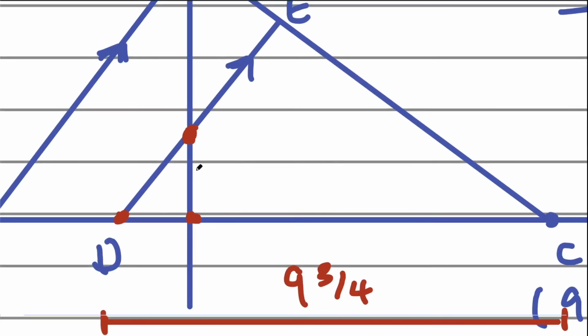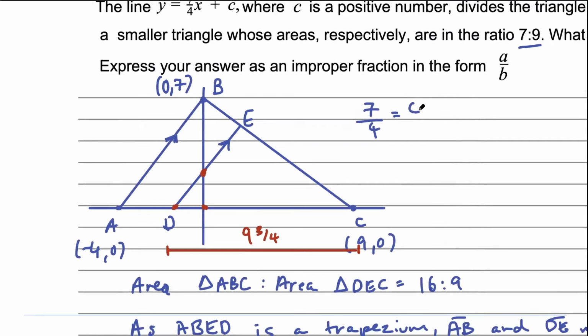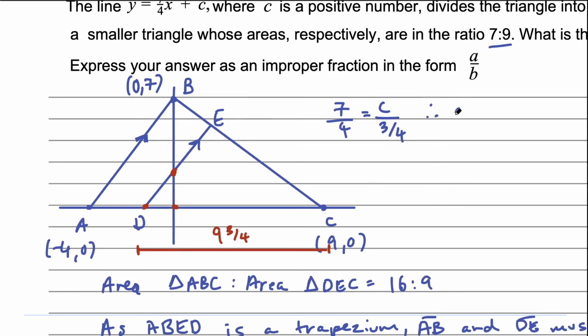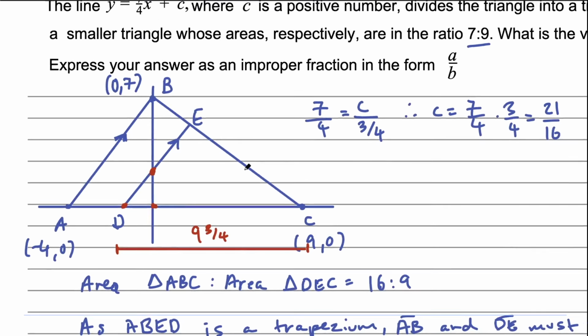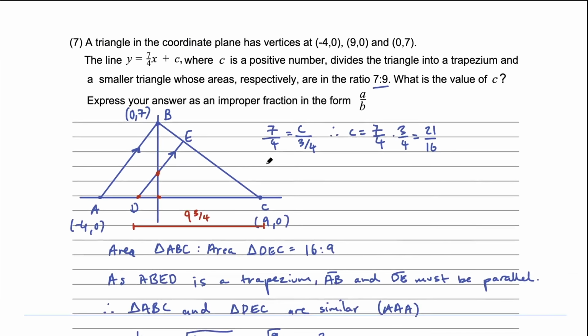And the height would be the y coordinate there. So this would be c, actually, divided by 3/4. And therefore, c would equal, multiply 3/4 on the other side, 7 on 4 times 3 on 4, and we'd get 21 on 16. So that's another really nice way of finishing that problem off that I thought I'd point out.